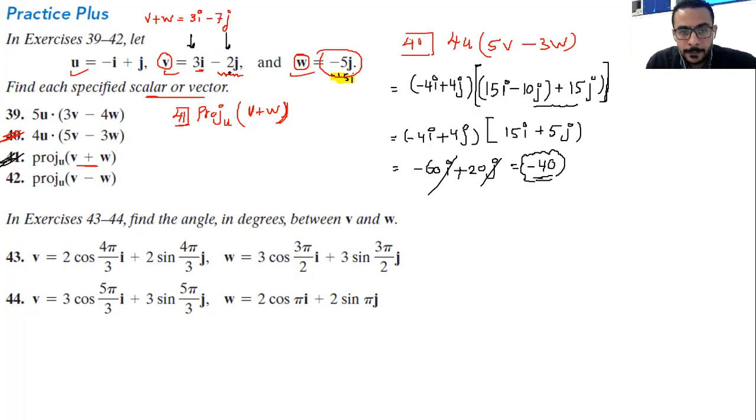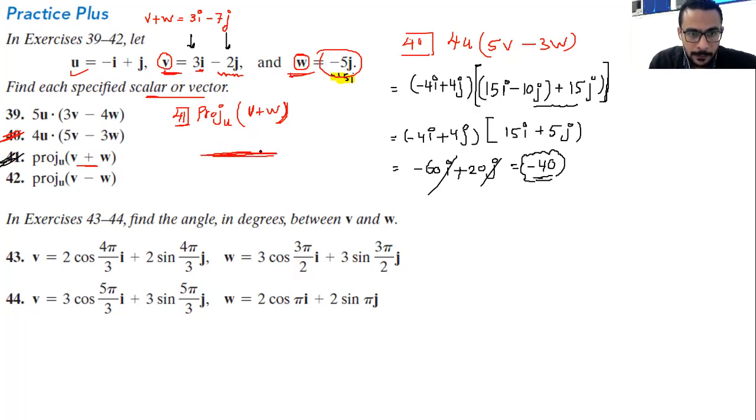Question 41, v plus w: vector v here plus vector w here. 3i plus 0i is 3i, and negative 2j, negative 5j, is negative 7j. And then apply the rule.